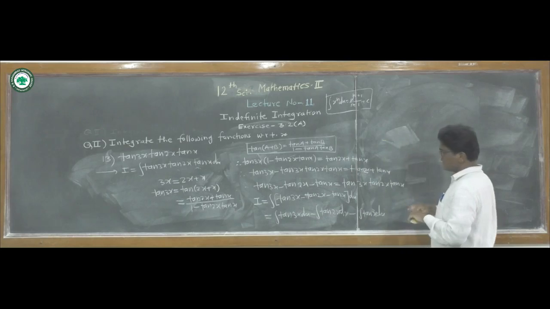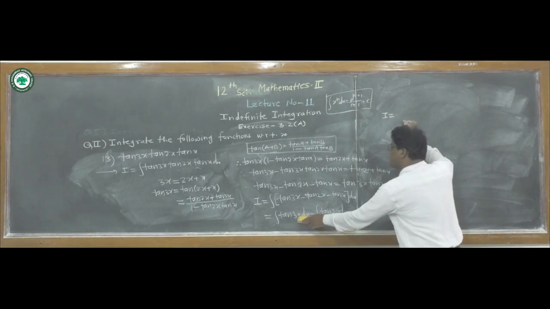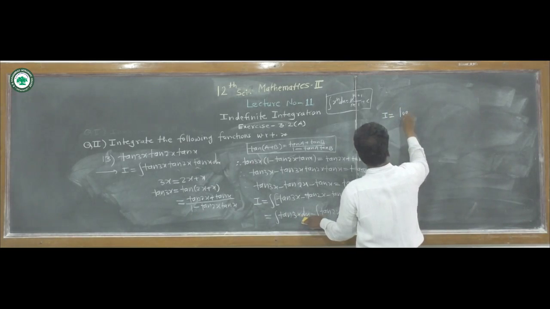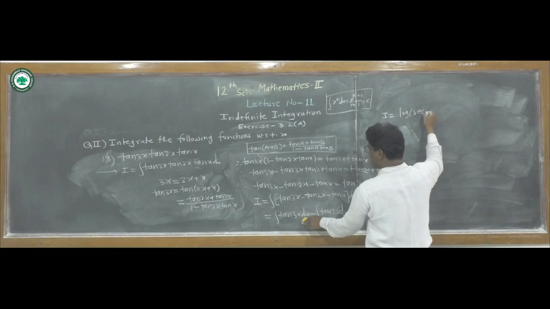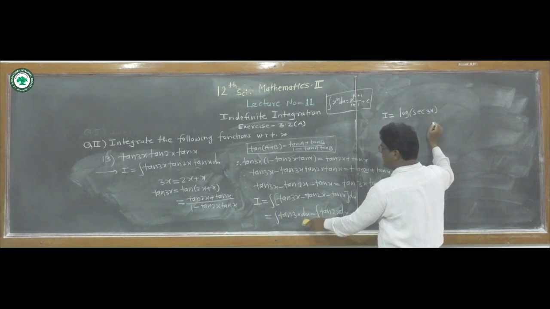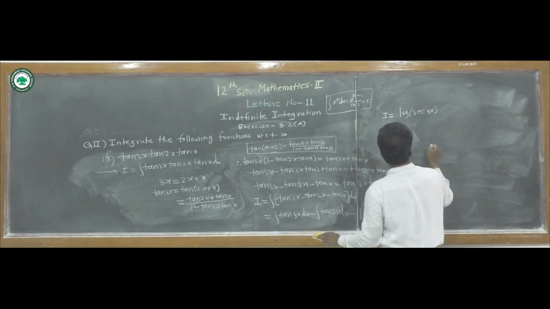Integration of tan x is log of sec x. So the final solution is: integration of tan x is log of sec x, so log of sec of 3x, but in place of x there is 3x, so take the derivative of this 3x, its derivative is 3, and so divide by 3.